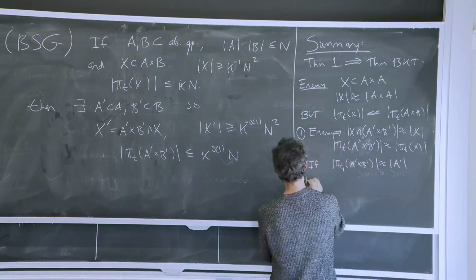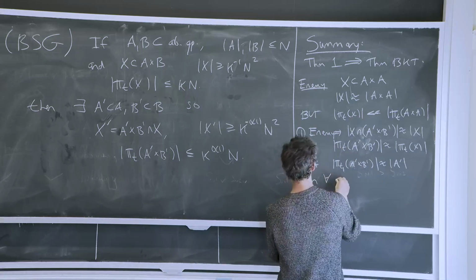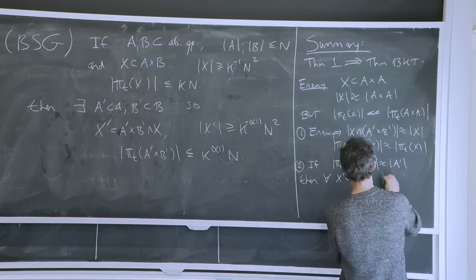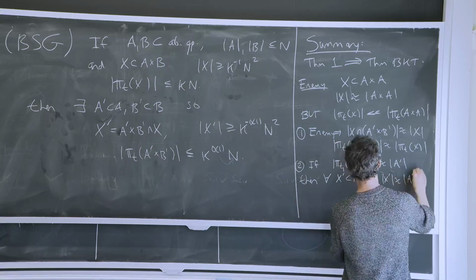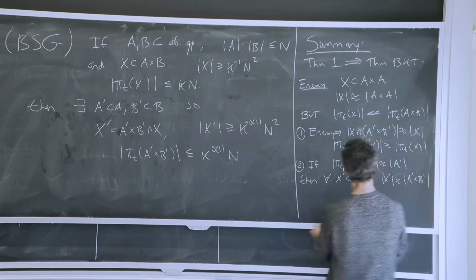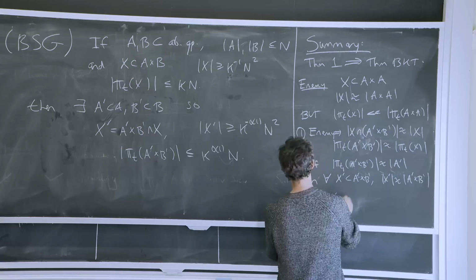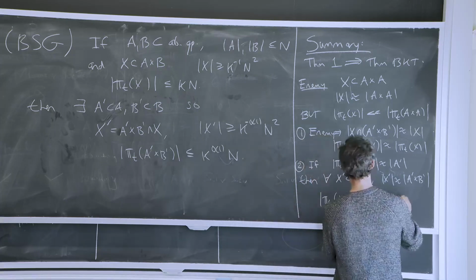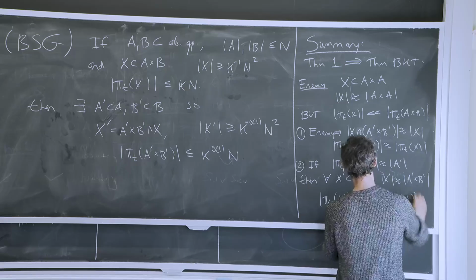And then the conclusion is, for any substantial subset X' of this product, the projection of the subset is around the same as the projection of the whole product.